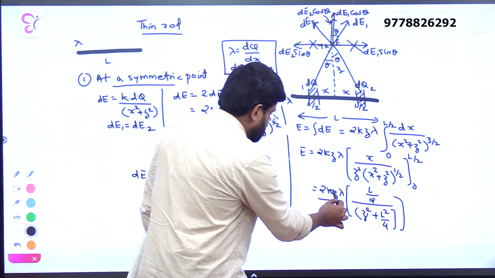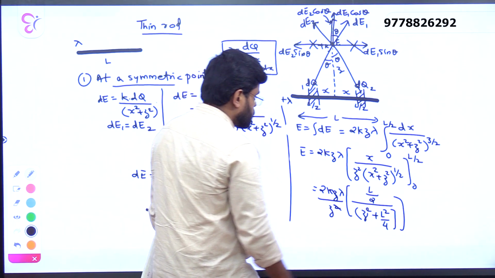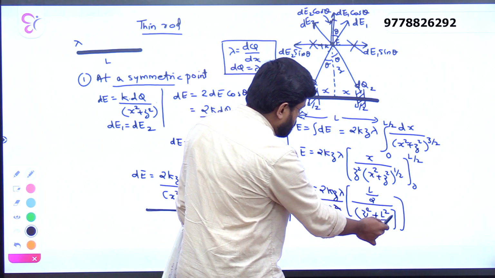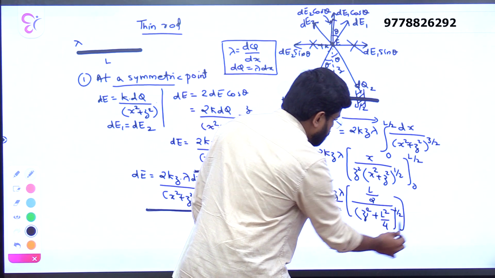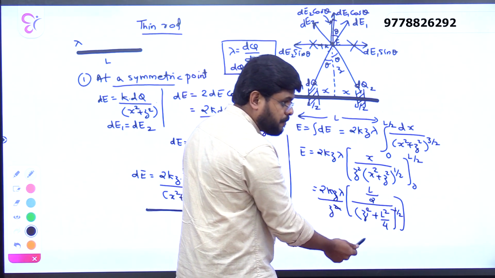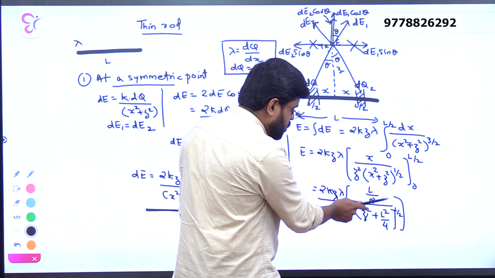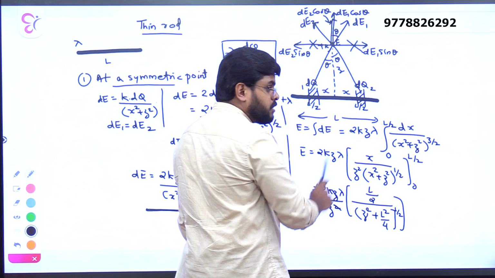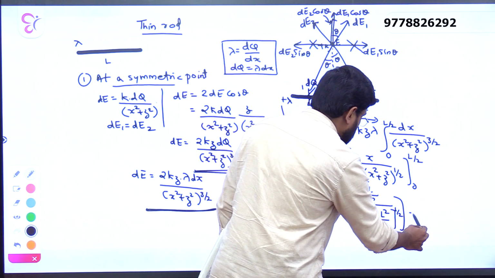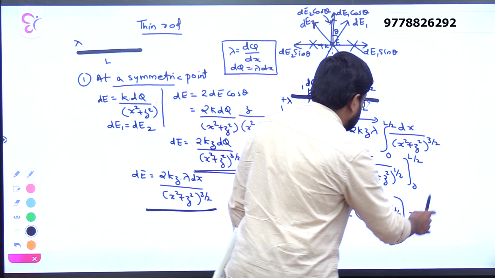Clear? So z and z square cancels. So this is L by 2, and if you take the LCM, it is 4z square plus L square by 4. That by 4, when it comes outside the root, it will be 2, and that 2 and this 2 will cancel.